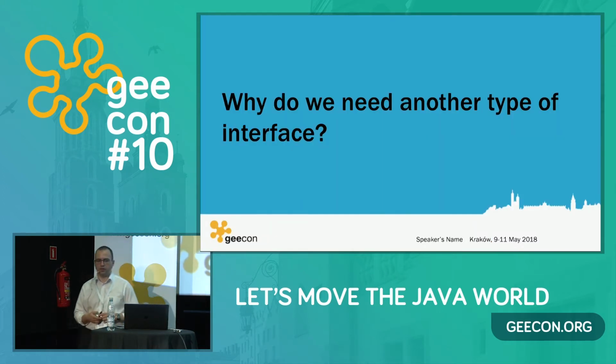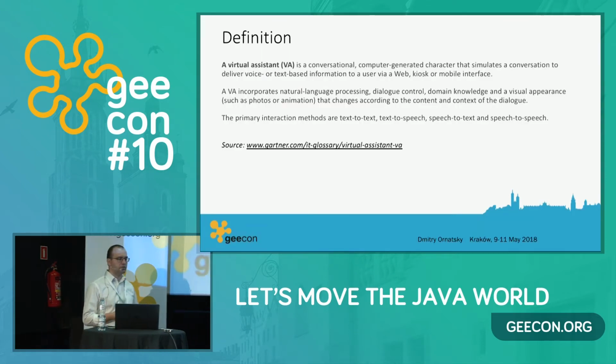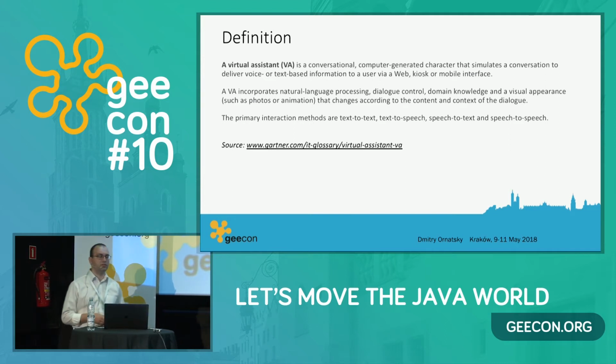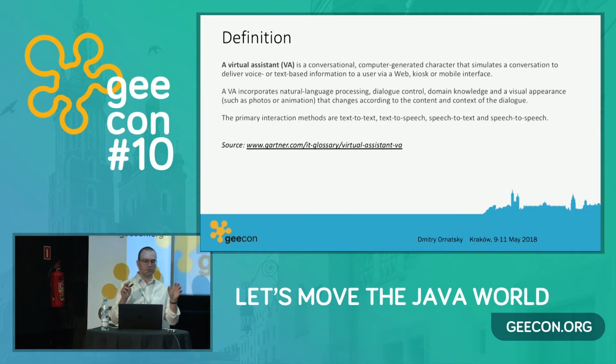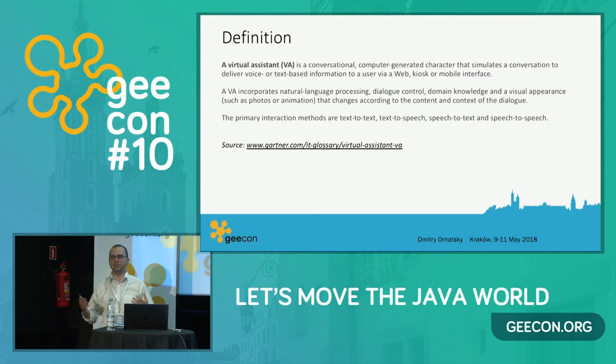So why do we need another type of interface? Let's start with the definition. Virtual assistants or conversational user interfaces are software agents that simulate a conversation and solve a business problem for you. Business problem is consultants' speak for something useful, but it doesn't have to be a business problem like in a money-making business, right?